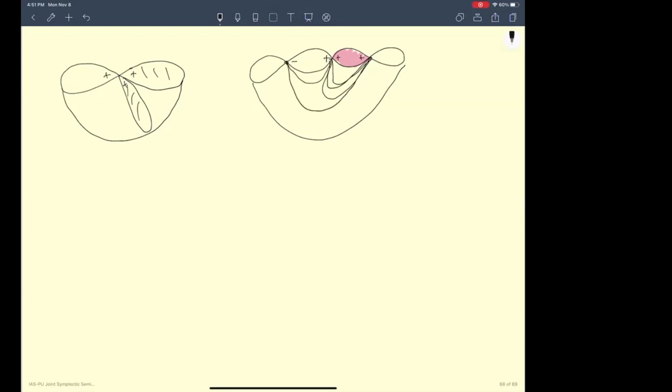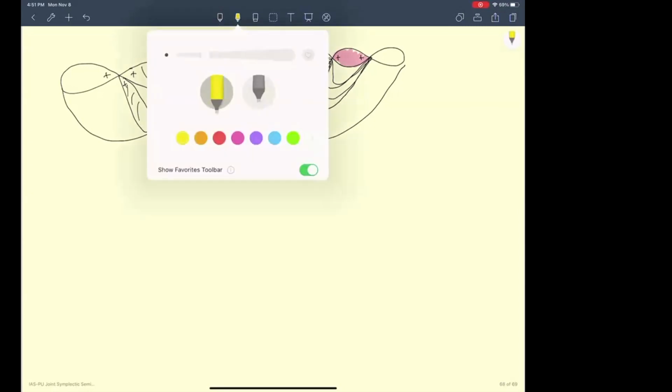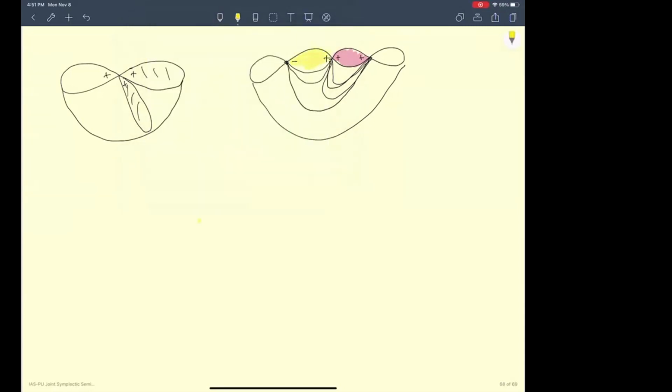Then my broken disk would be this one plus this thing. Wait, that's too much genus. I messed something up. Sorry, it'd be like this. So it can fold, but still break.